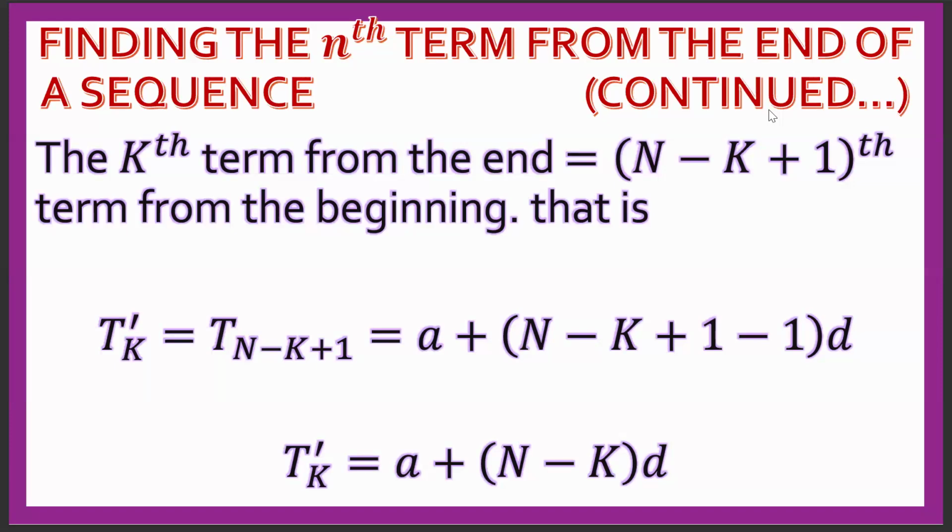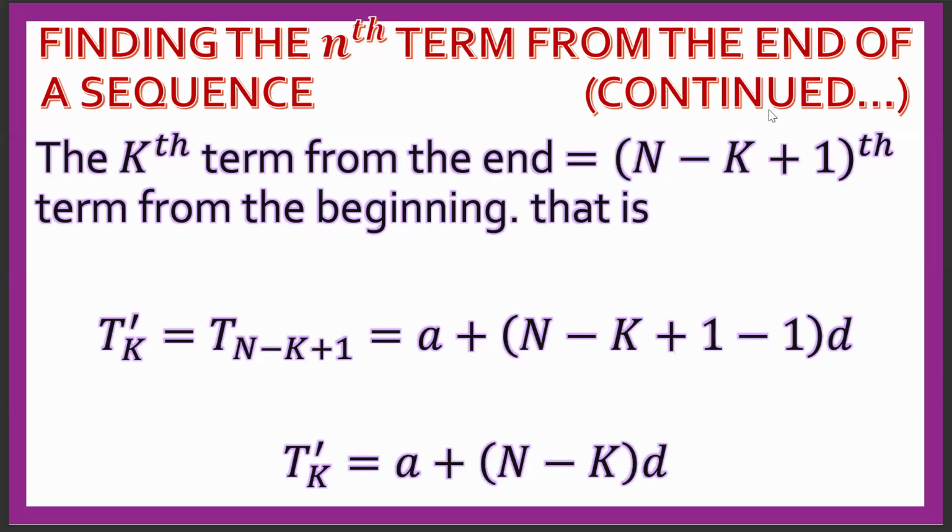And the last but one term is l minus d. Similarly, we can develop the formula for the nth term: in place of a, we take l, and in place of d, we take minus d, the common difference, since when we start from the end the common difference will be minus d. So it is l minus n minus 1 into d.